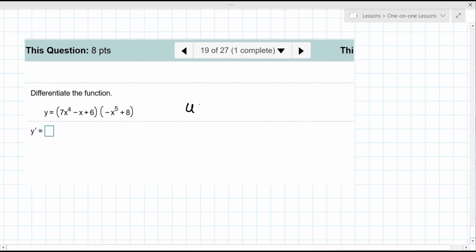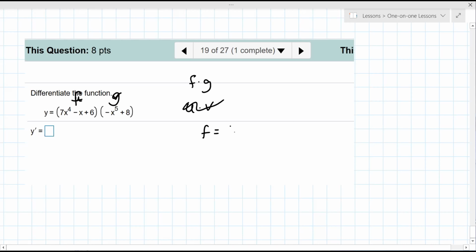There's UV. Did you see that in your notes? Like this is U and this is V, or F times G maybe? Yeah, F times G. So this is F, this is G. You have to take them individually.